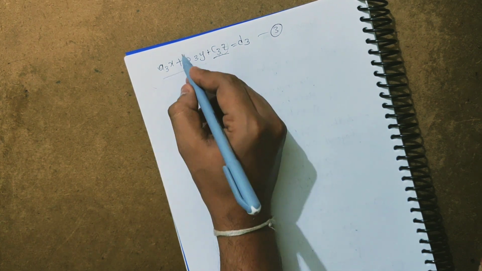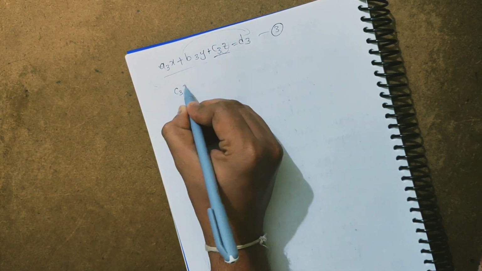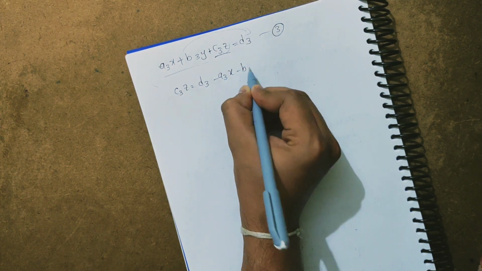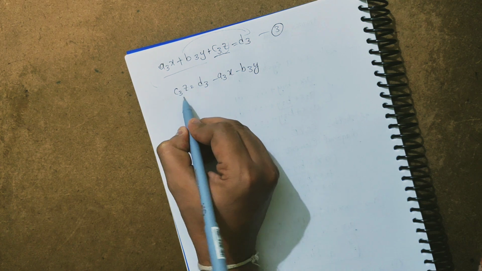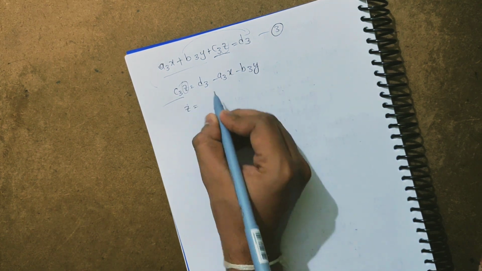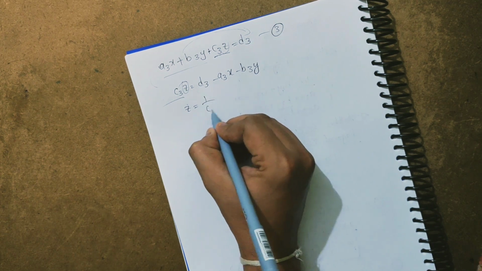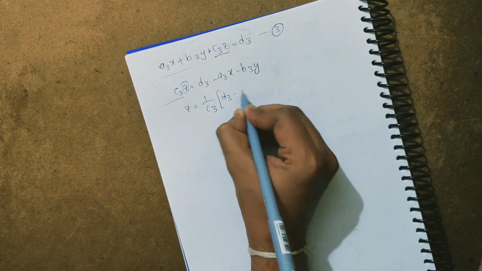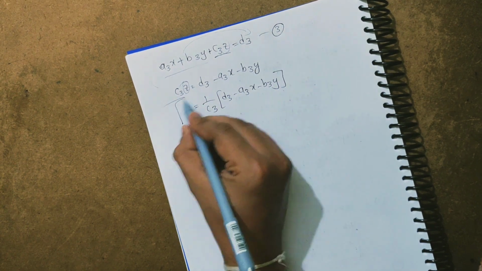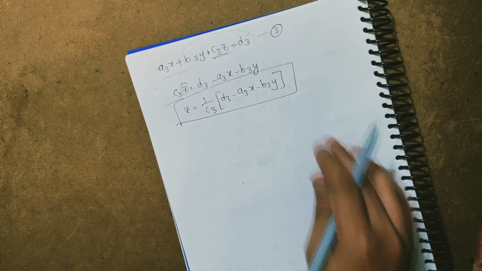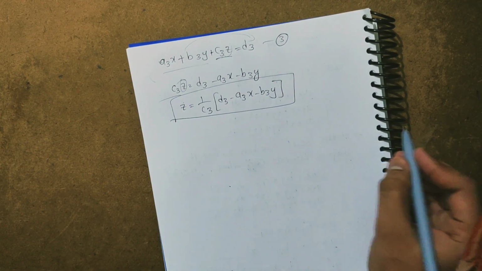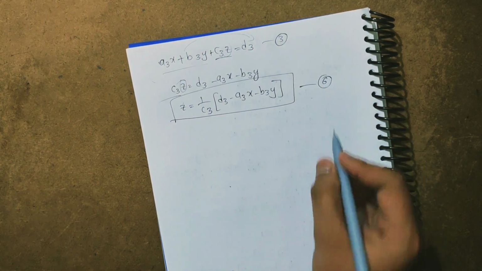So let's move the unwanted variables to right side, c3z equal to d3 minus a3x minus b3y, and also we have to move the c3 to right side so that z will be left over in the left side. So 1 by c3 d3 minus a3x minus b3y, this will be our z value, right? This is our sixth equation.